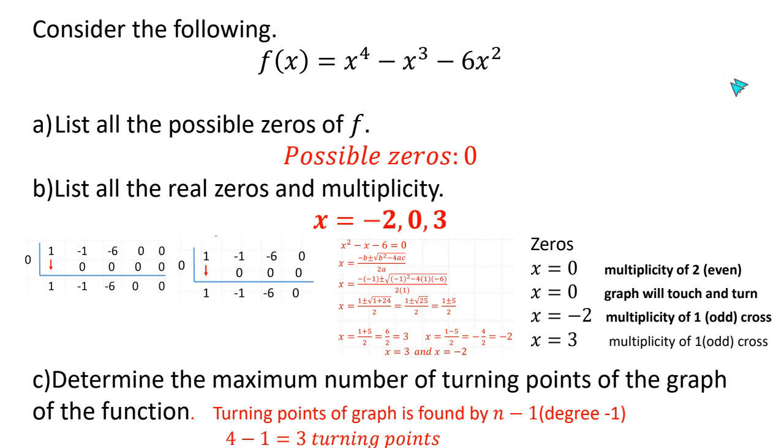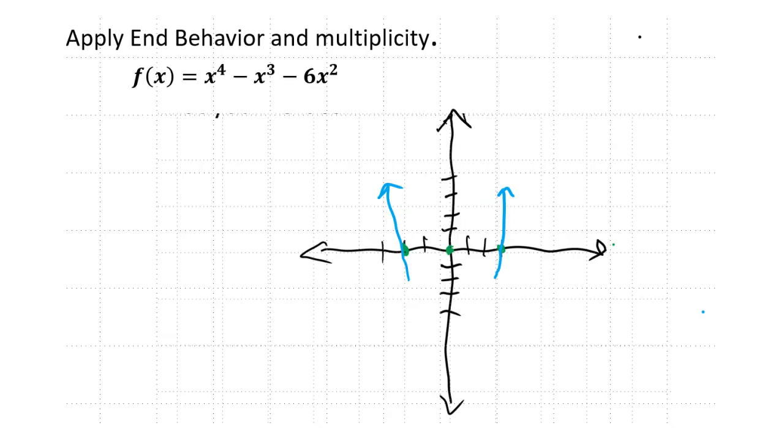So the behavior, since this is even and this is positive, is going to rise to the left and it's going to rise to the right. Okay, and then we said that at x equals 3, the graph is going to cross. So I just let it cross my x-axis here, and then over here it's going to cross as well because it only appears an odd number of times.